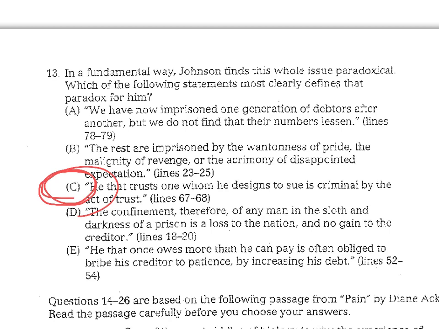Trust would not typically be a criminal offense, but I am trusting you not to pay me back so that I can sue you. It doesn't make sense. It's paradoxical. But within the reality of how this is set up, that's part of the system.